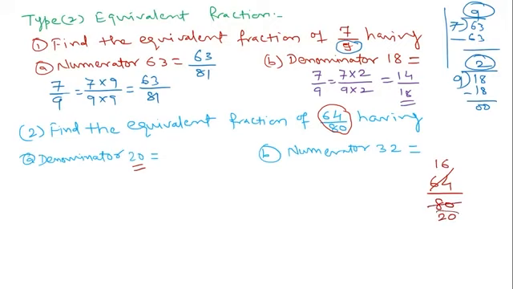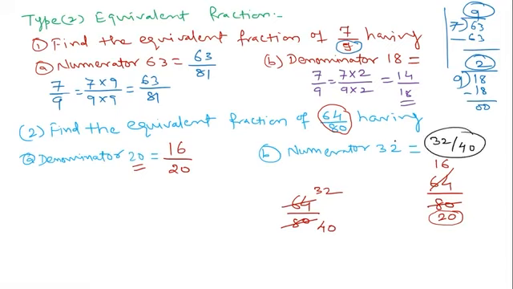So we have to find 20, so divide it by 4, so the denominator becomes 20, the fraction is 16 by 20. Similarly, the numerator becomes 32. Again, for this 64 by 80, to get the denominator 40, divide by 2, by the same number. Our fraction is 32 by 40.